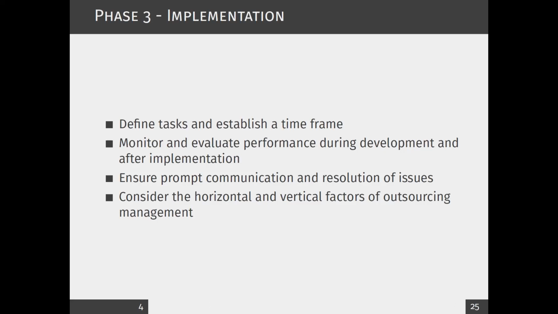Now, once you select the vendor and the solution, the last phase will be the implementation phase. During that phase, we have to have a very clear definition of tasks, right? And some time frame. For example, let's say a student management information system.